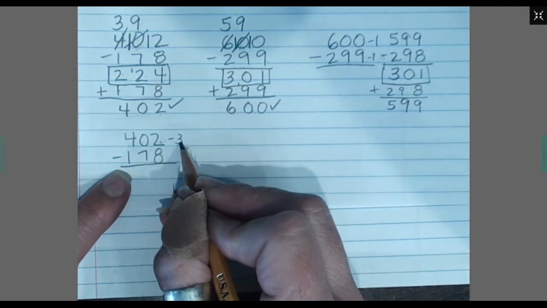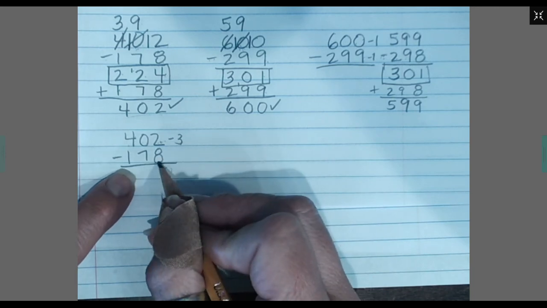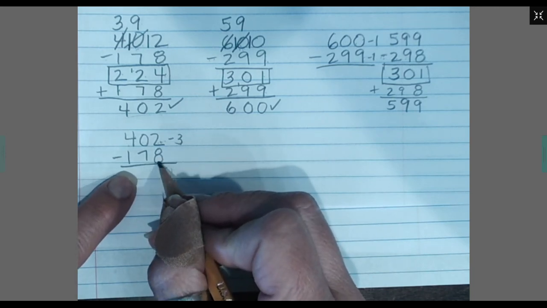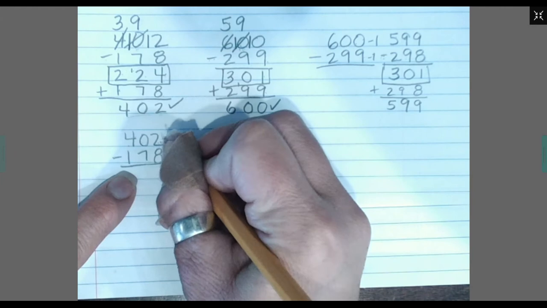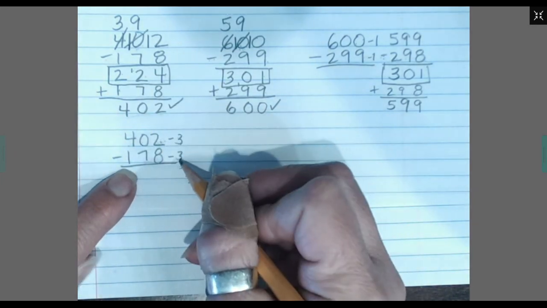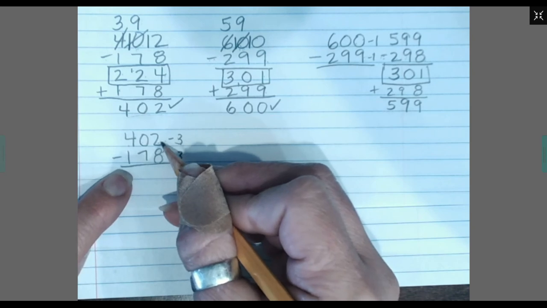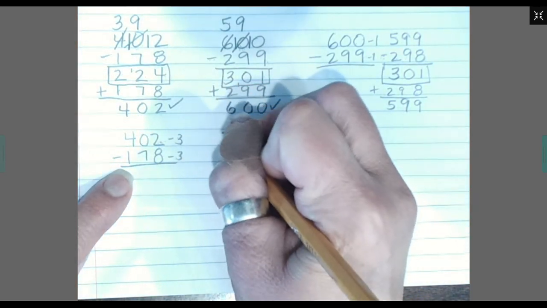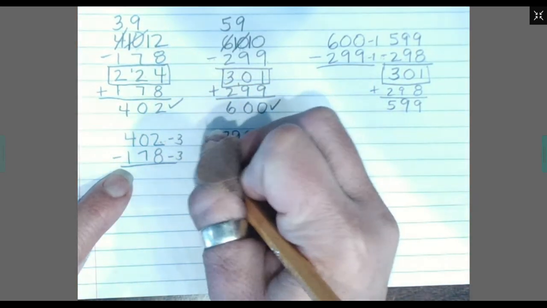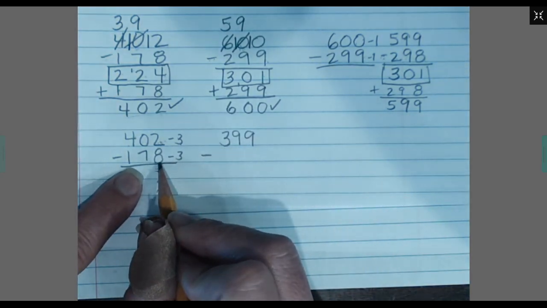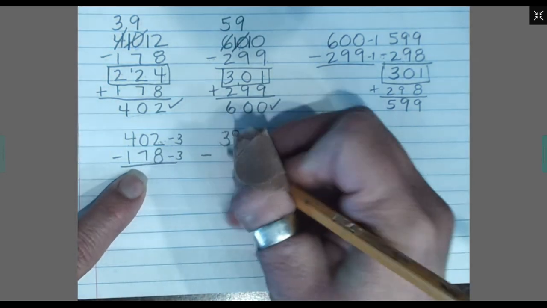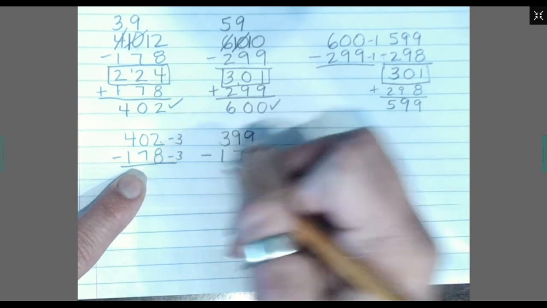So if I took 3 away from the top, how many would I have to take away from the bottom? I hope you said 3, because if I take 3 from that one, I have to do the exact same thing down here. So if I take 3 from 402, I now have 399. If I take 3 away from 178, I now have 175.